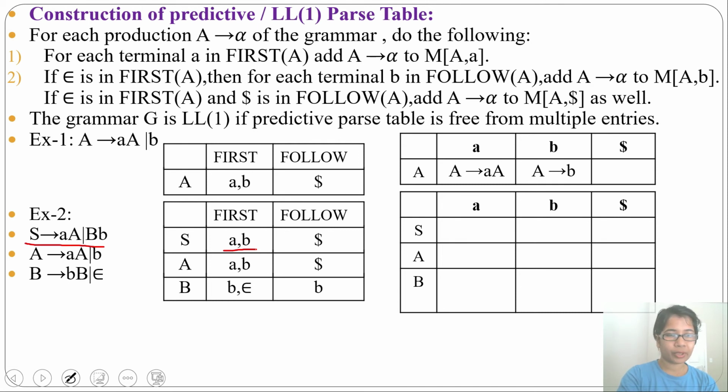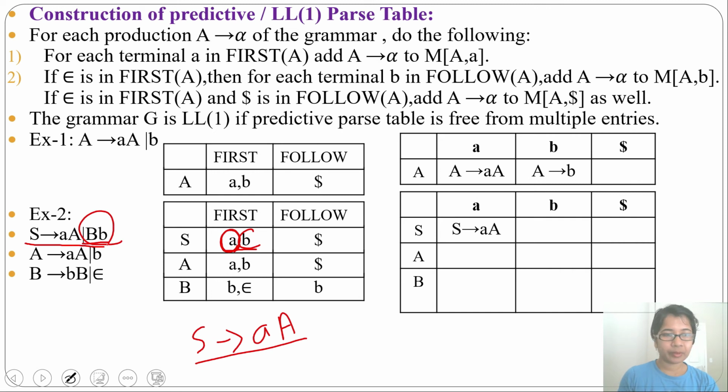Now there are two productions, S derives AA and S derives bB. So where will we keep S derives AA? We got first of S as a due to this production. So S derives AA, that will be kept in the a column. Then S derives bB. We got first as b due to this production, bB.